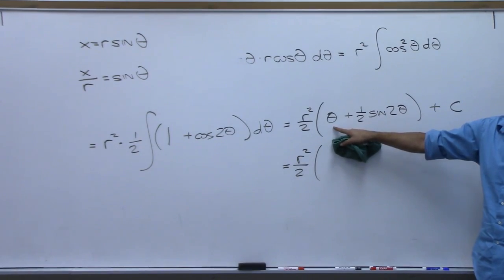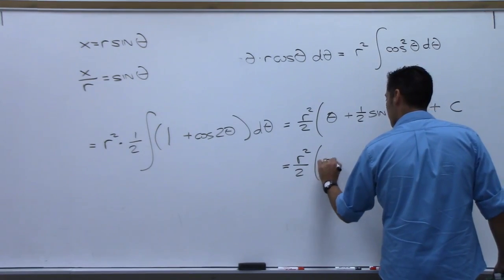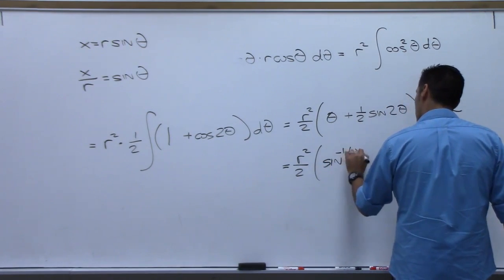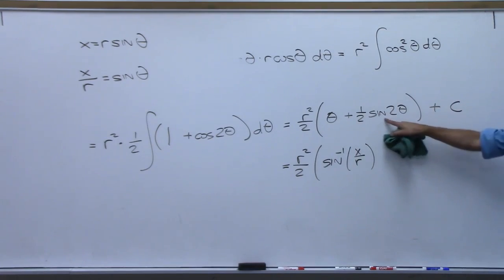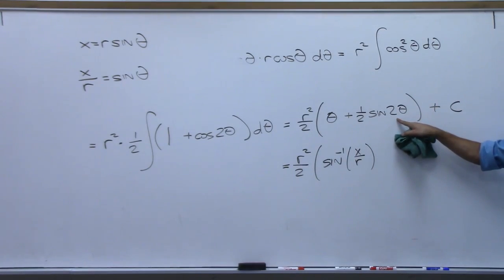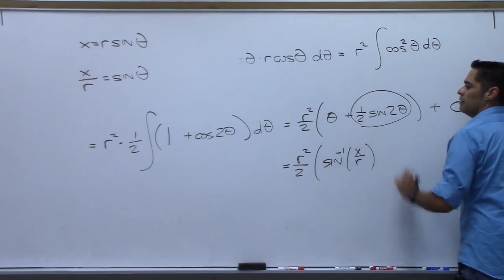What's theta? You don't want to share? No? Okay. It's arc sine x over r. And then how are we going to get this? We can draw the triangle, but remember it's 2 theta. So what is this going to turn into?